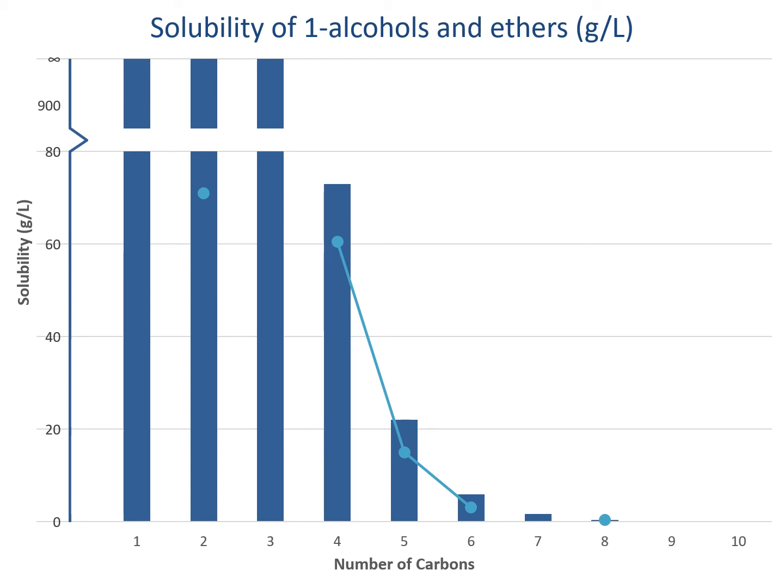Remember that the broken graph represents a huge scale difference for the first 3 alcohols compared with everything else. Ethanol is infinitely soluble compared with its ether isomer, dimethyl ether, which only has a solubility of about 71 grams per liter. You can see that comparison in the second column. We see limited solubility for the very small ethers, nothing compared to the very high solubility for the very small alcohols.